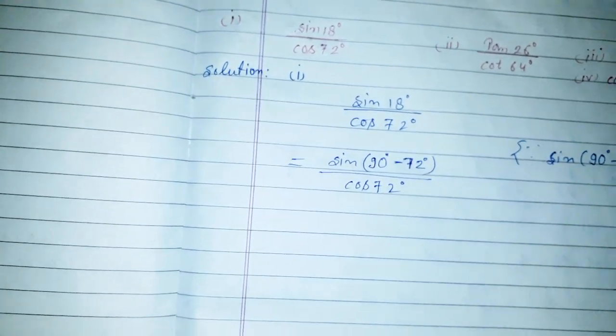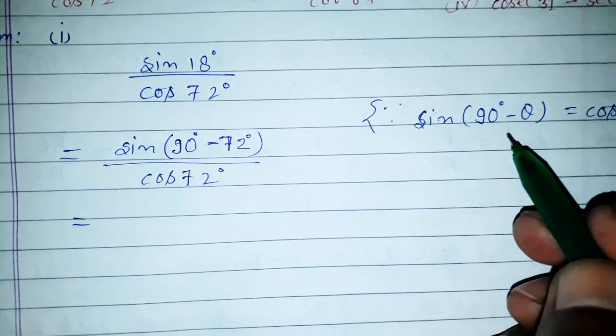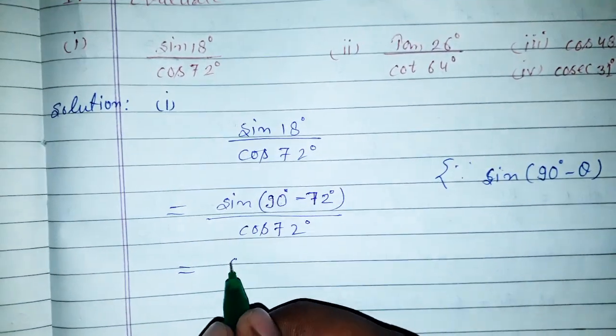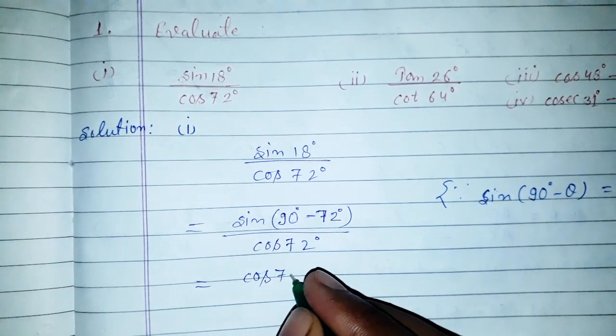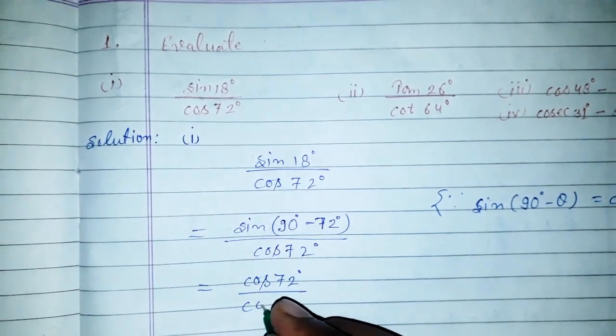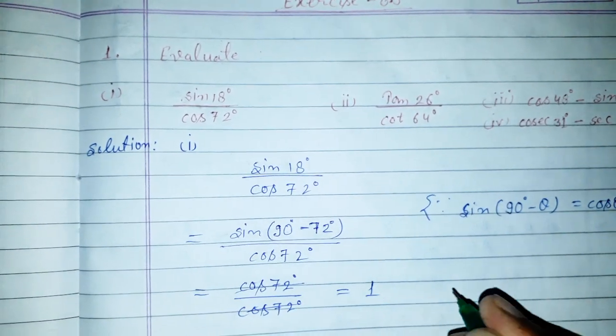According to this formula, sin(90 minus theta) is cos theta, so we get cos 72 upon cos 72. Cancelling out, this is 1.